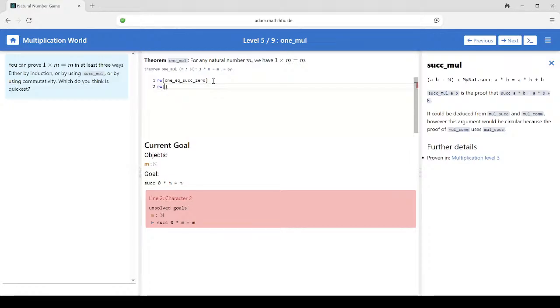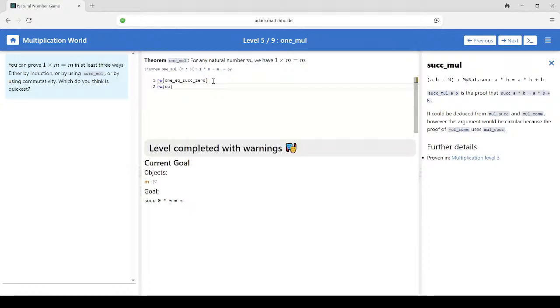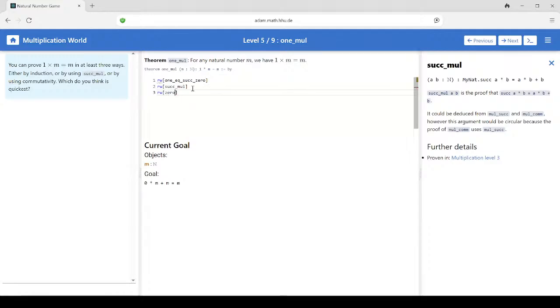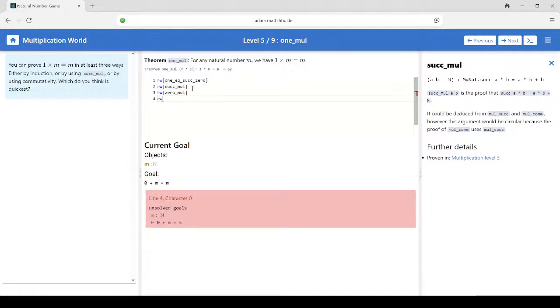So we rewrite with successor multiply. And now we can use the fact that 0 times anything is 0. And we can do the same thing with add.